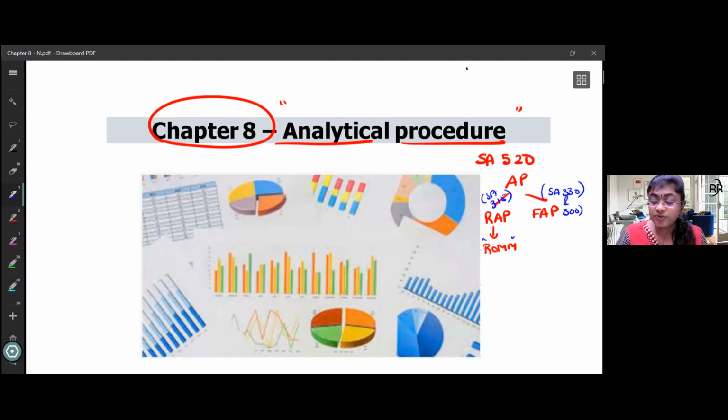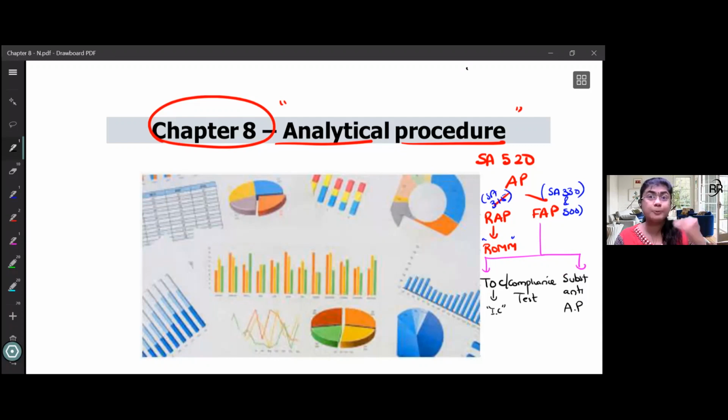Now, this further audit procedures is again divided into TOC, test of controls, to identify the effectiveness of internal controls, which is otherwise called compliance test. Finally, we have substantive audit procedure.